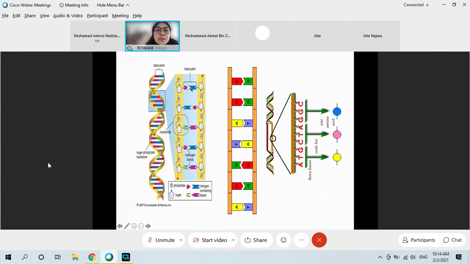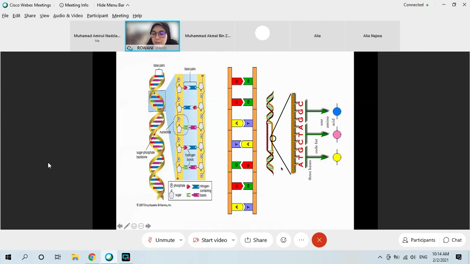You know that the bases are paired according to type: thymine with adenine, guanine with cytosine. These three bases are actually a code, so you call it a codon. Each three-base structure will code for an amino acid.